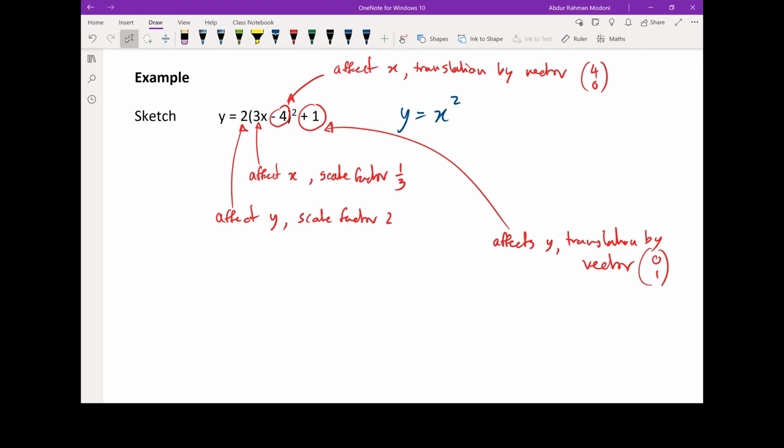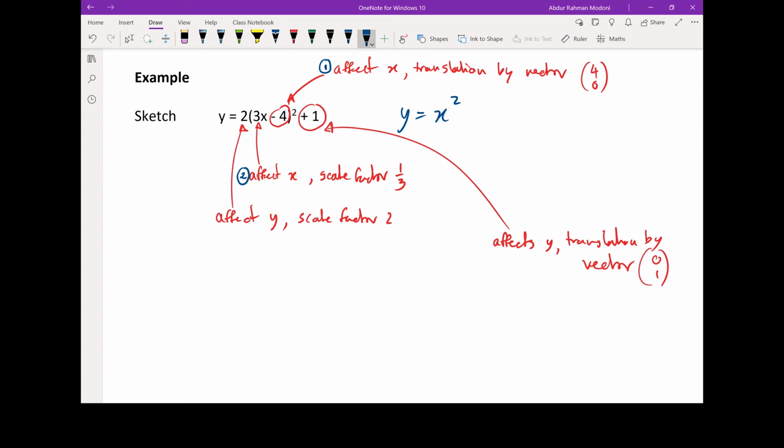So instead of doing the timesing or dividing, we would do the adding or subtracting first, which is related to translation. So we do the translation first, followed by the enlargement second in the x direction.